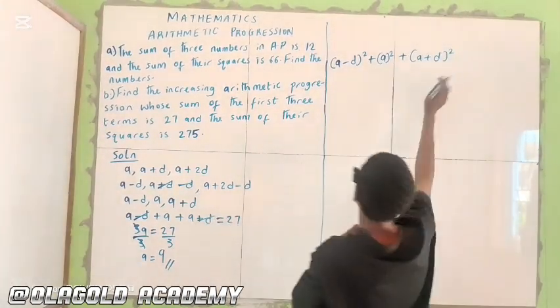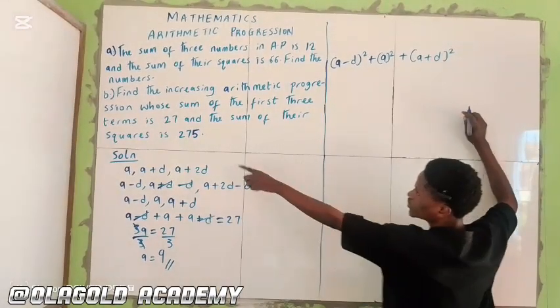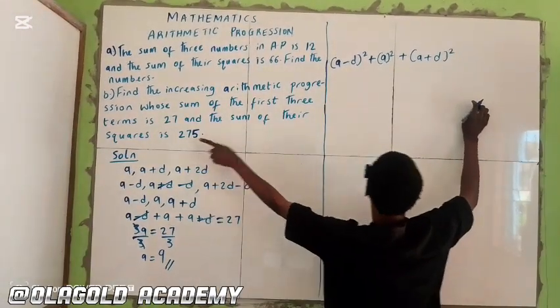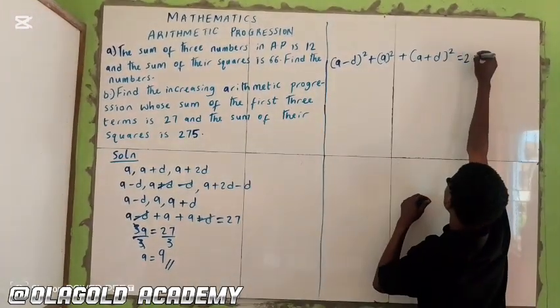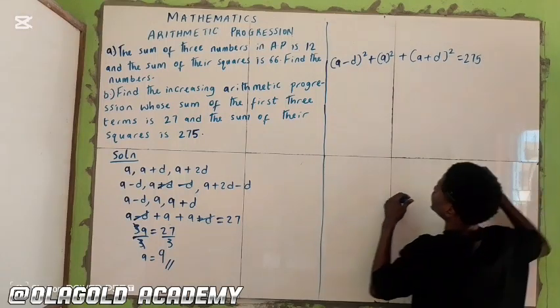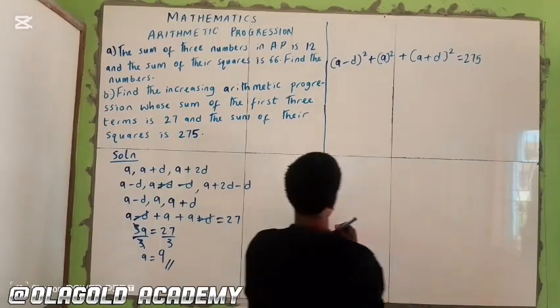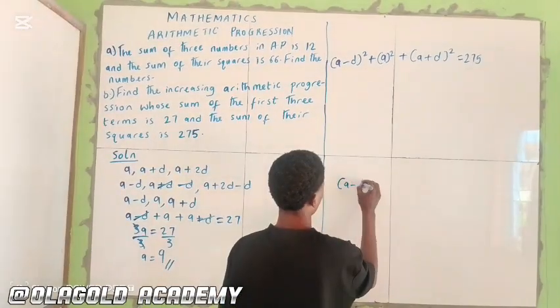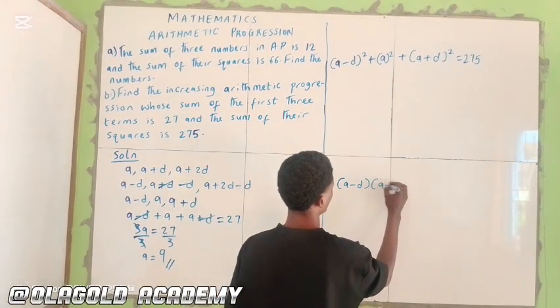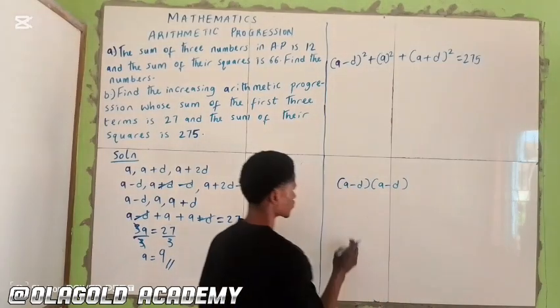So we have this. And we said the sum equals 275.